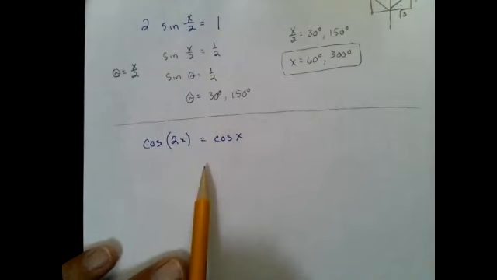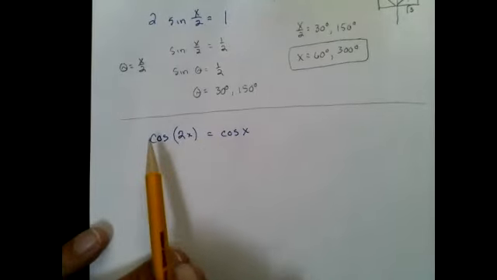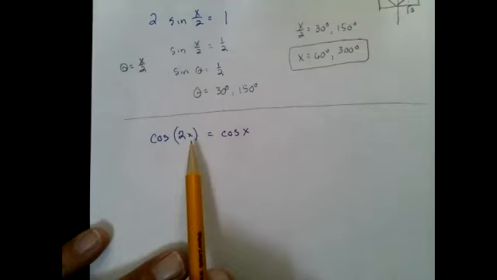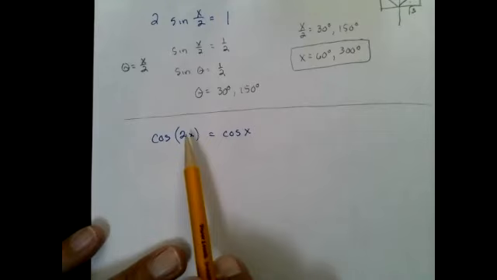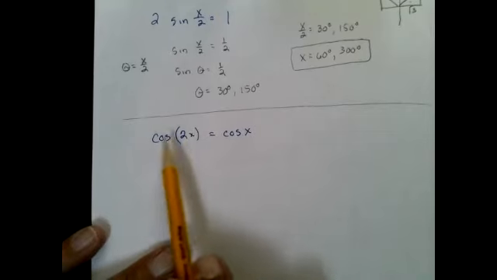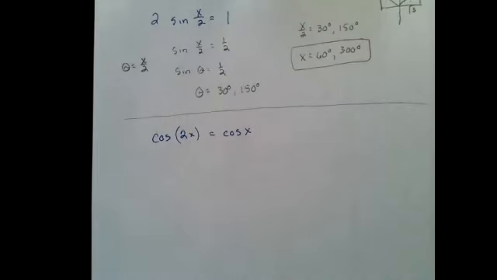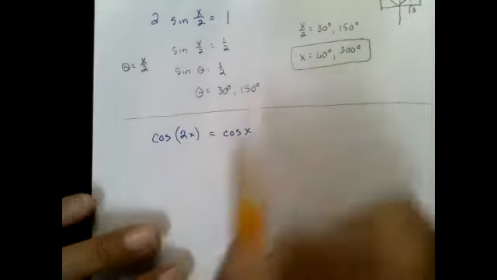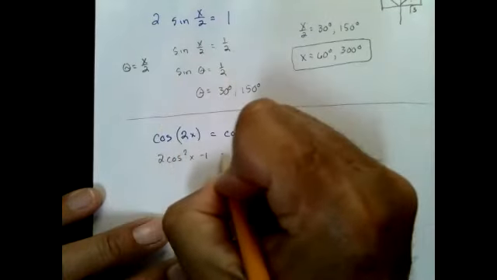I'm going to replace the cosine of 2x with something so that I'm working with just x's inside these parentheses. I have 3 identities. We're going to replace this with an identity. Which one would you like to use? 2 cosine squared x minus 1. 2 cosine squared of x minus 1.